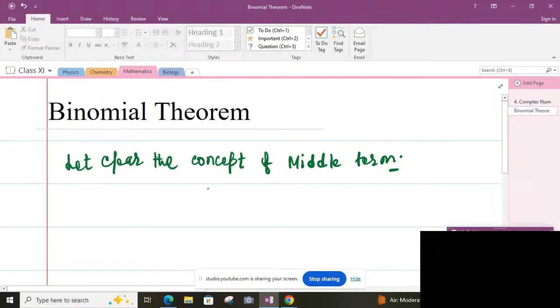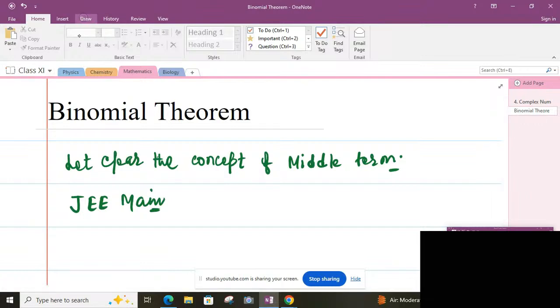Questions related to the middle term are not asked in the board examination, whereas the topic related to the middle term we must study as per the syllabus of JEE Main. So in JEE Main, there are chances of questions being asked from the middle term.